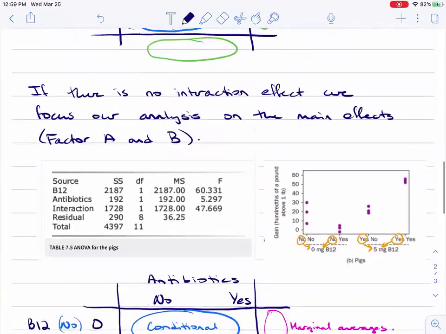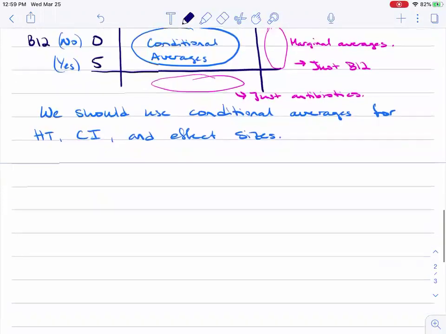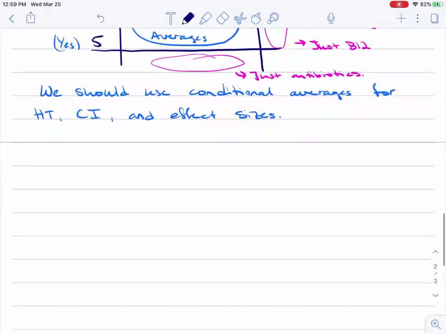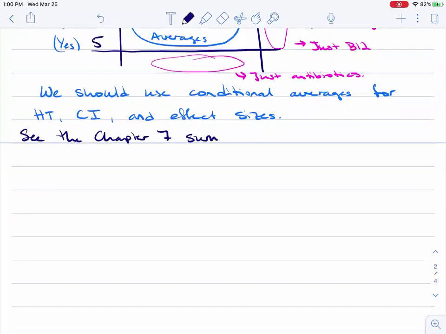See the chapter 7 summary for a complete analysis. Right. So just for examples of how to do those effect sizes and confidence intervals and all that fun stuff, they go through and do that. And I'm pretty sure they might actually use the pigs data.